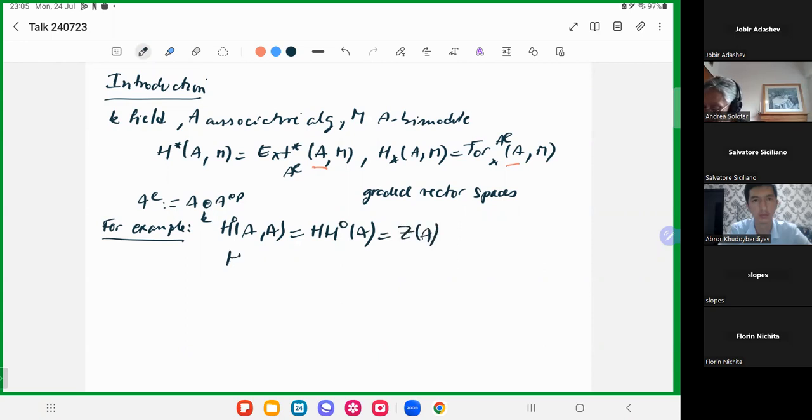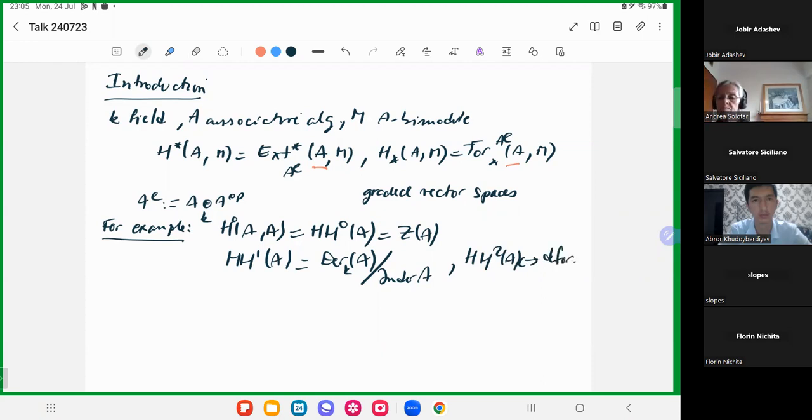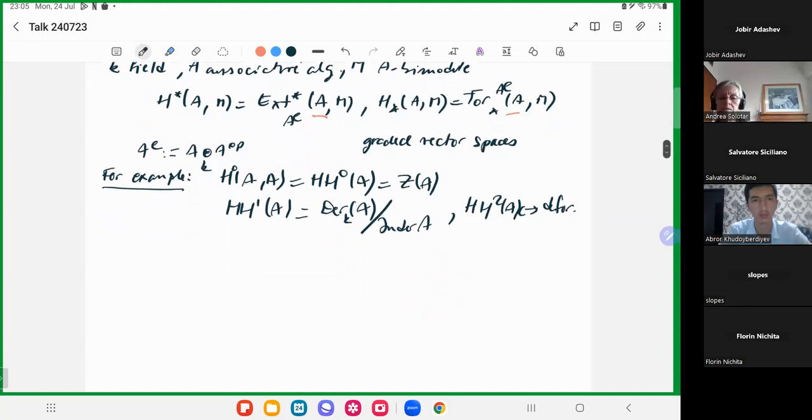In degree 1, we obtain the K-linear derivations of the algebra divided by the inner derivations, and the cohomology in degree 2, as you know, is related with the deformations of the algebra. And also, with the homology, we obtain some invariants of this type.